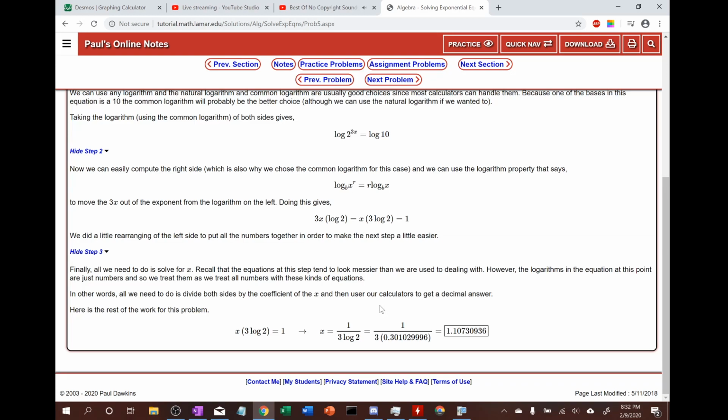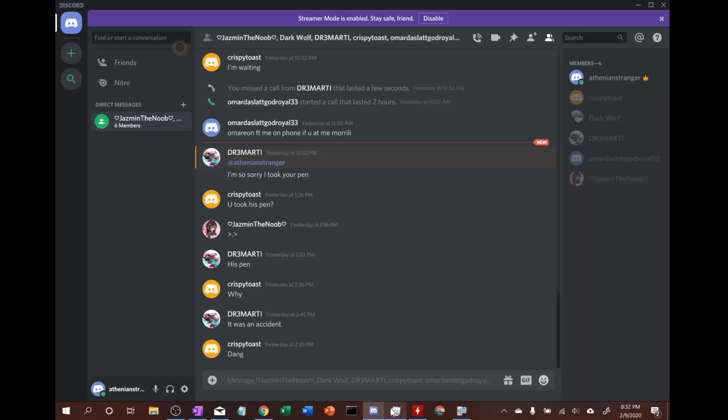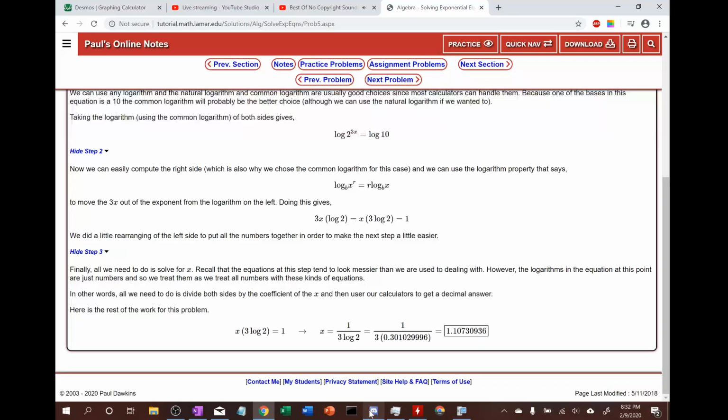Okay, so 3x log 2 equals x 3 log 2. I think this is a weird one.